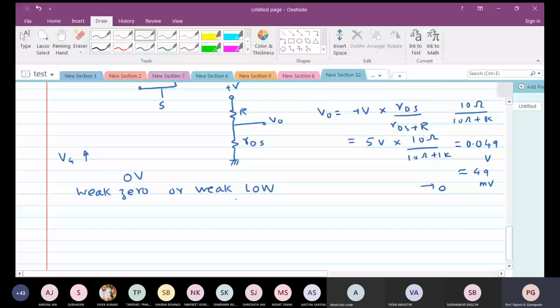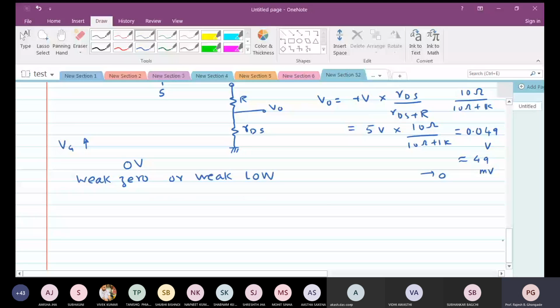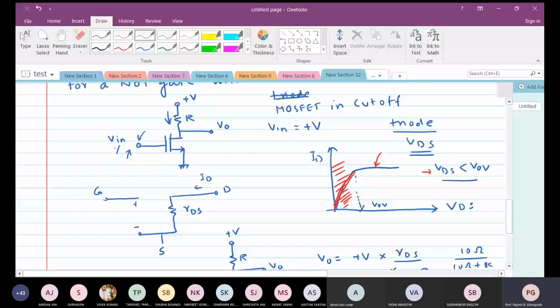Now let us evaluate the same thing for Vin as 0. That is, the device is in cutoff. When the device is in cutoff, what is the value of ID? It's going to be nearly 0. And what is going to be the output voltage?